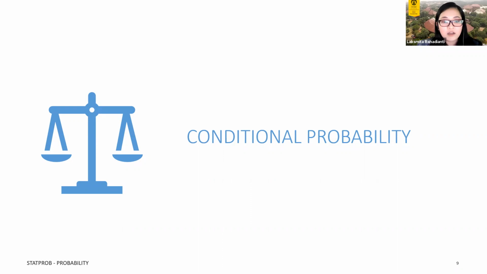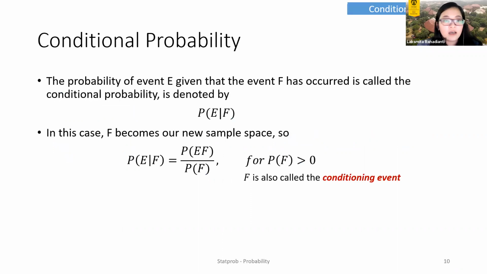So we can define conditional probability as the probability of event E given that event F has occurred. We're trying to compute E, but we already know that F has happened. To write it down, we denote it as P(E|F), which is read as the probability of E given F. In this case, we only consider the event E if F is valid.